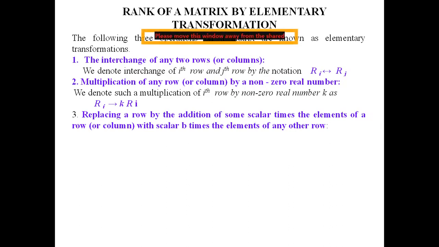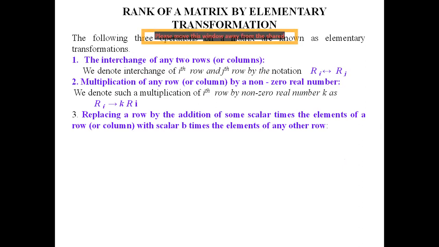One is interchange of any two rows, another is multiplying any row by a scalar, and the third is addition of the elements of any row to the corresponding elements of any other row, multiplied by a scalar. These three operations are called elementary transformations or elementary operations on a matrix.